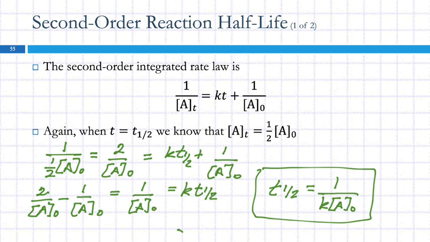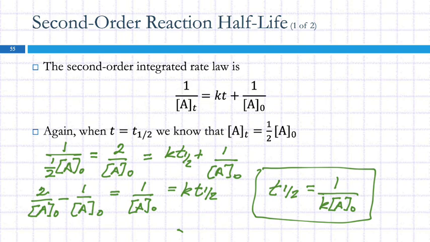I will warn you that there will be some problems, and I think we'll see an example, where it'll ask, well, how long does it take for it to get to 90%? Or 73.6% or something ridiculous like that. And you're going to use this same concept, except it's not going to be this nice 1/2.